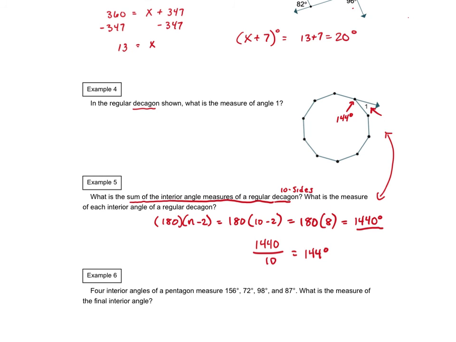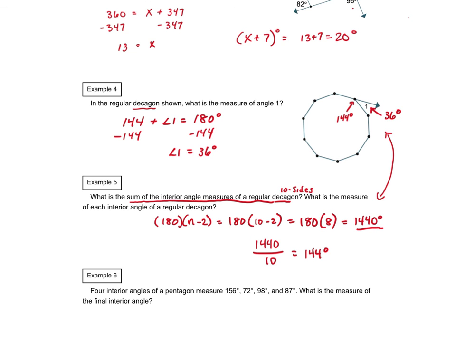So 144 degrees plus angle number 1 is equal to 180 degrees. Subtract 144 from both sides, and angle 1 is going to be 36 degrees. So there you go. That's why I went ahead and did example number 5 leading into example number 4.